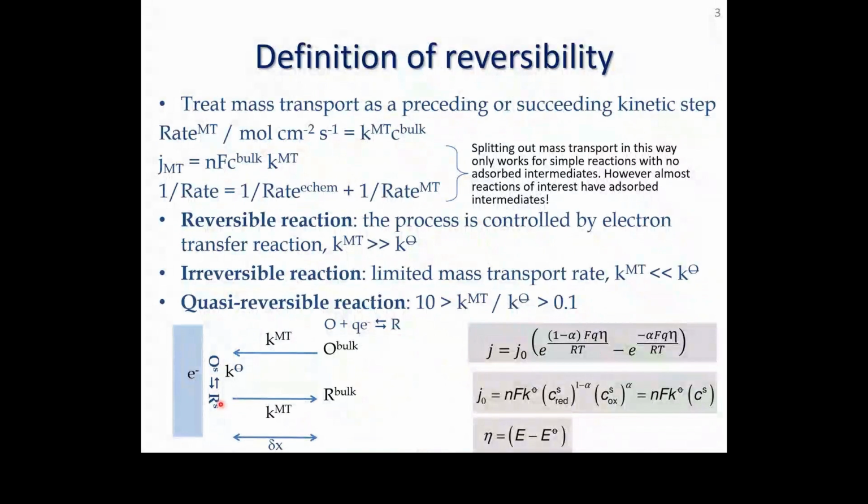And of course, when we have a reactant that undergoes a reaction, this oxidant goes to reductant, and the reductant then actually has to diffuse back into the bulk.